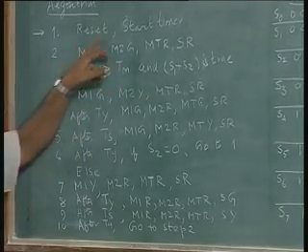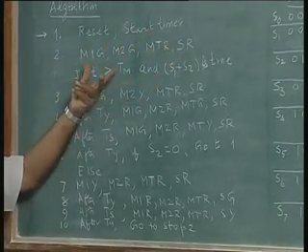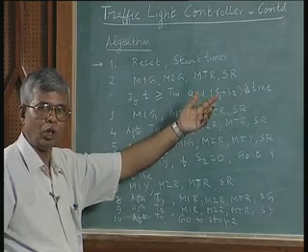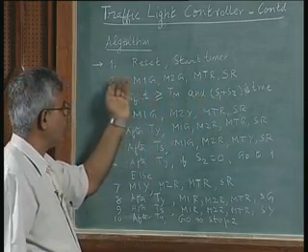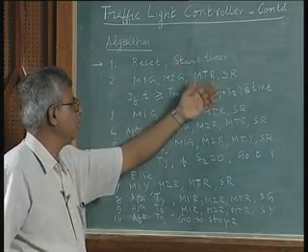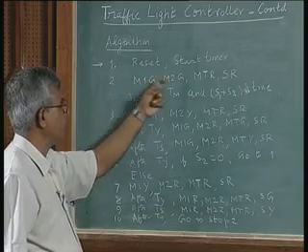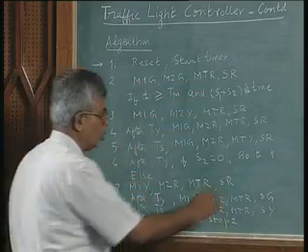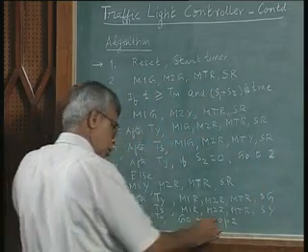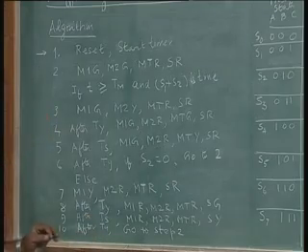So, the actual most of the time, assuming there is no sensors activated, any time S1 and S2 are both zeros, the system will continue to be in state 2, which is M1G, M2G, MTR, SR. So, it should be really go to 2. Here also it should go to 2.